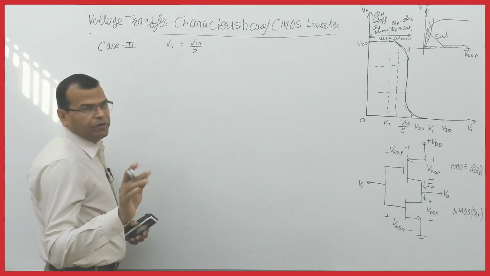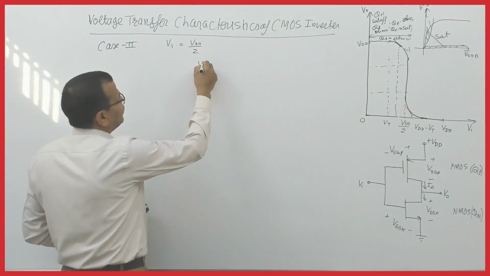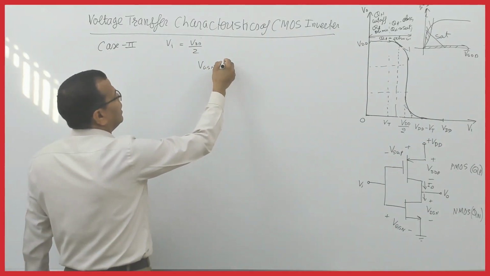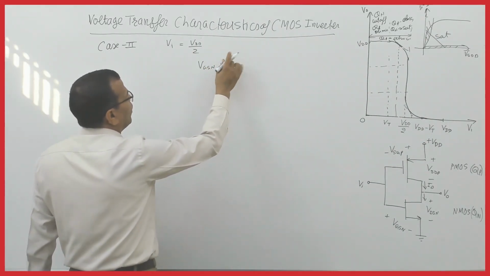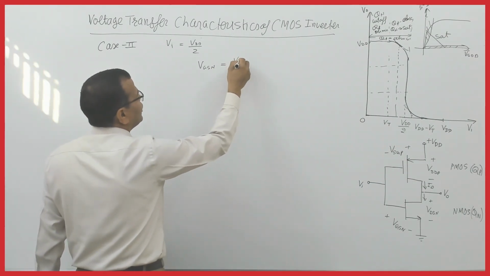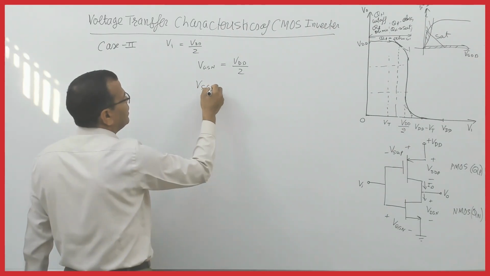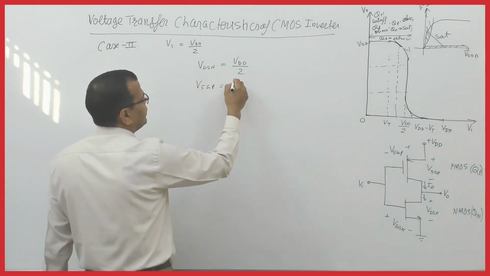When Vi is VDD by 2, your gate to source voltage for NMOS will be VDD by 2, and VSGP will be again VDD by 2.